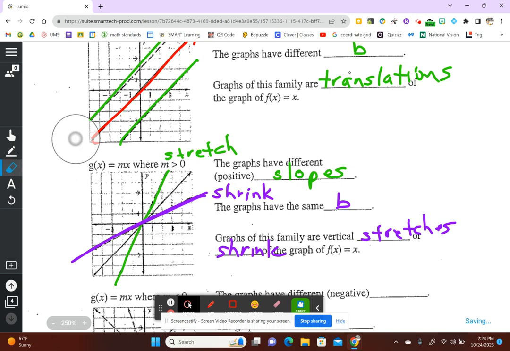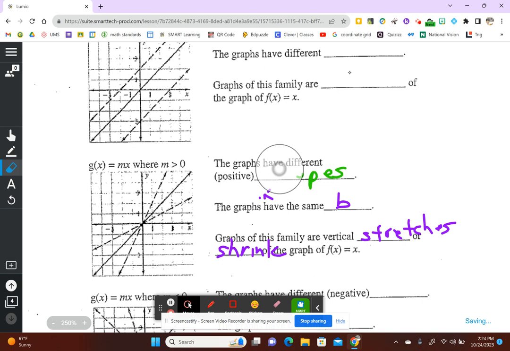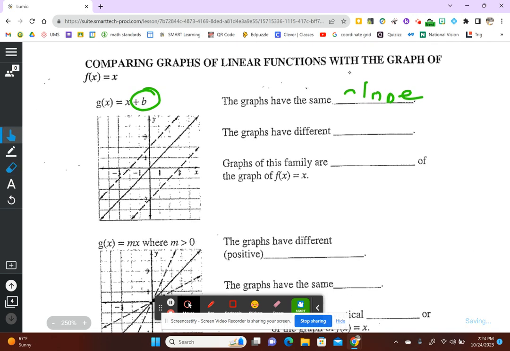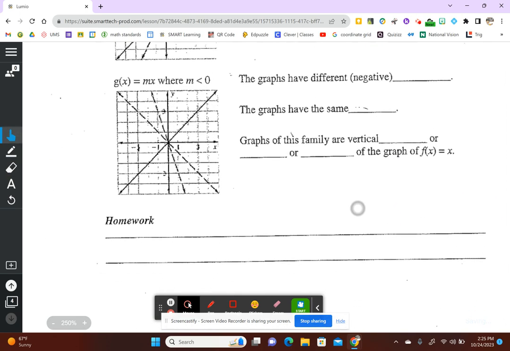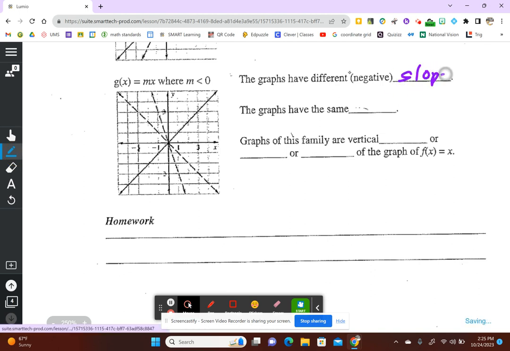Now, when we start putting a negative in our slopes, then we know those are reflections. So this next group are reflections. They have different negative slopes. They have the same y-intercept.